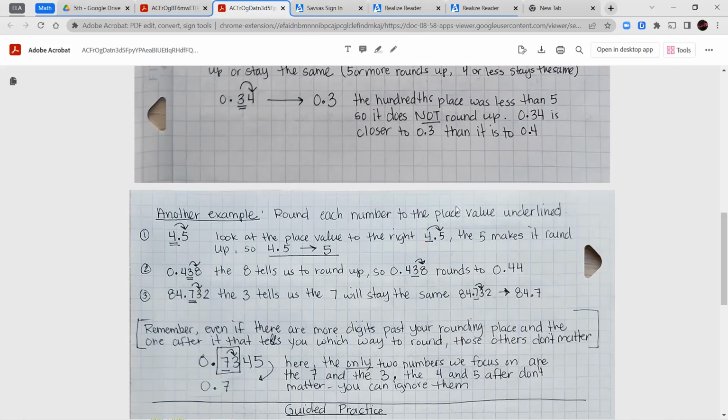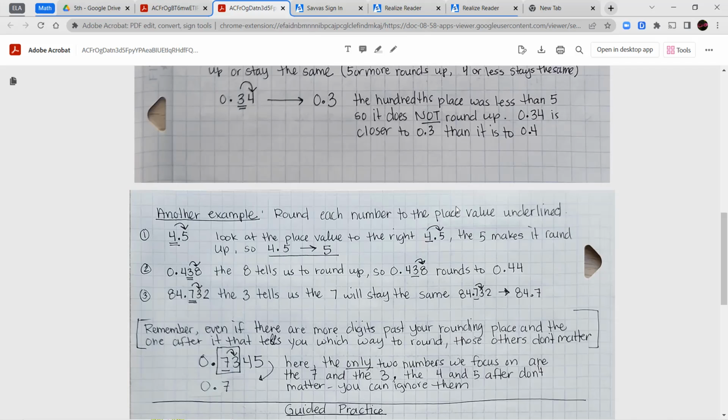For my third example here, we have 84 and 732 thousandths. For this one, we're going to take a look at the tenths place. Now we realize that there's a 7 in the tenths place, right? It's that first digit after the decimal. And in order to decide what we're going to do with that 7, are we going to leave it alone or are we going to round it up?